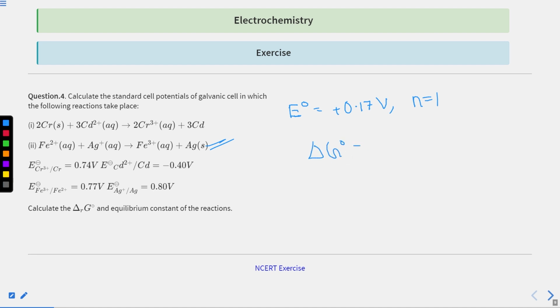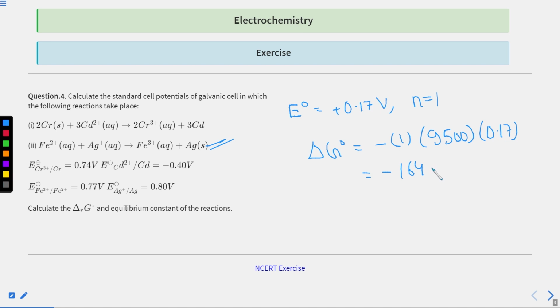What will be the delta G naught value? It will be minus 1 multiplied by F, 96500, and 0.17. See, we got a negative value. It is spontaneous. Okay.